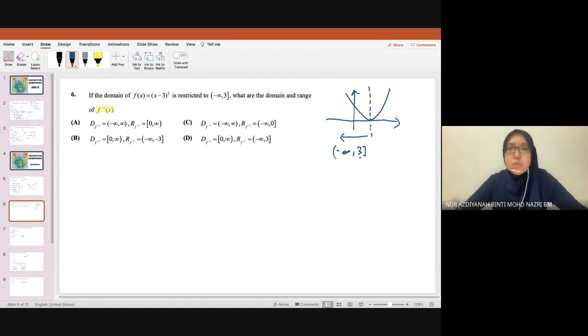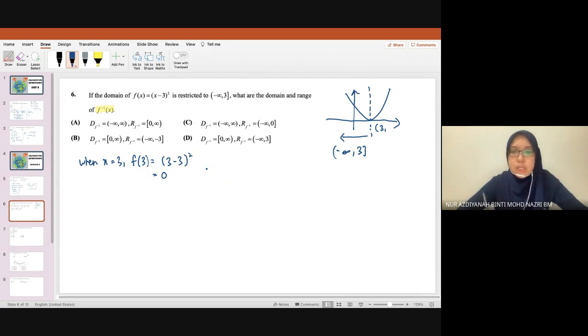So at x equals to 3, kita kena tahu lah what's the coordinate for the y. Minimum point kat sini apa? So kalau x equals 3, terus cari when x equals to 3. So our f of 3, which is we want to find the value of our y, is 3 minus 3 squared, which is equals to 0. So x equals to 3, y equals to 0.